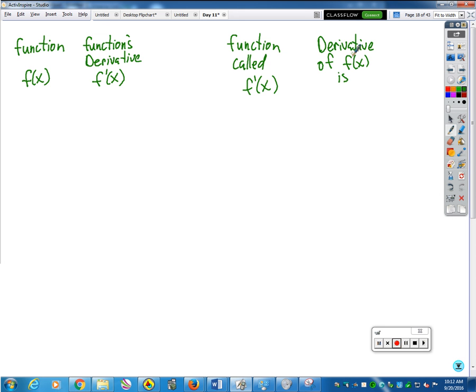So the derivative of f prime is, and we have a little blank spot here, we're going to fill it in. So here we got the function f of x, the function f of x, derivative is f prime of x. Now we have a function called f prime. There's a derivative of f prime as well. Pause there, get caught up in your notes.